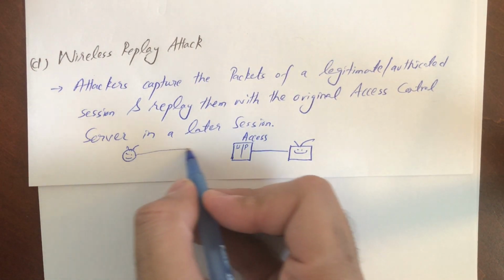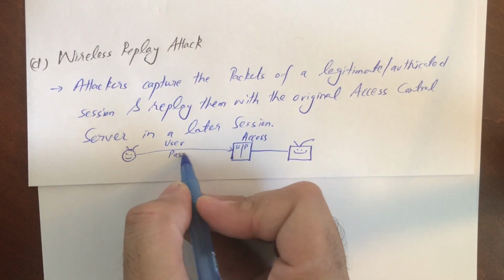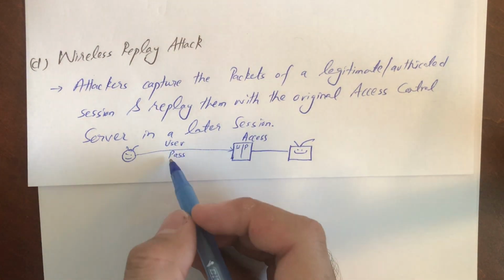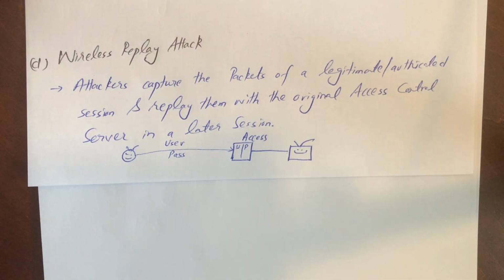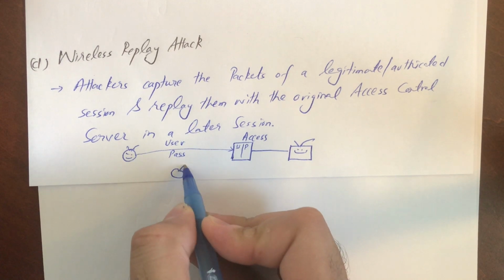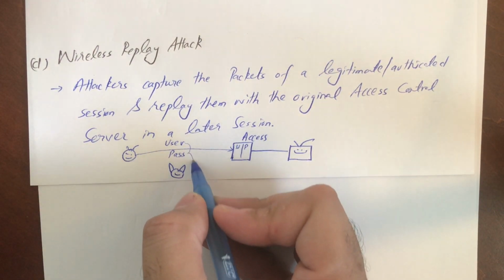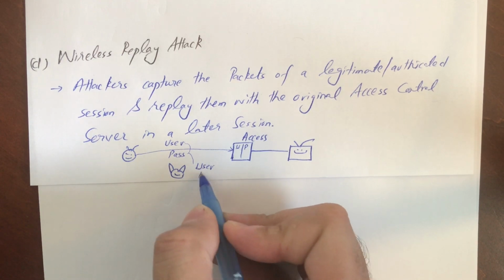Whenever this user wants to access, they need to send the username and password, of course in encrypted form. Once they send the username and password, they can access it. Let's say we have an attacker here. The attacker sniffed the encrypted username and password.